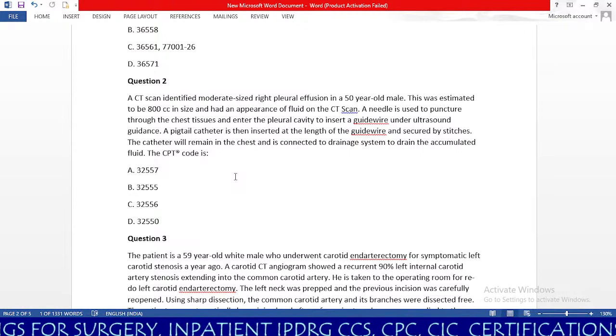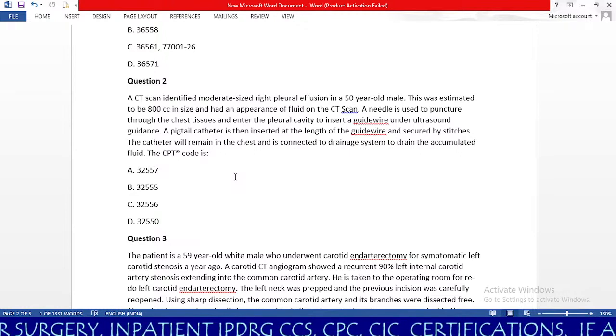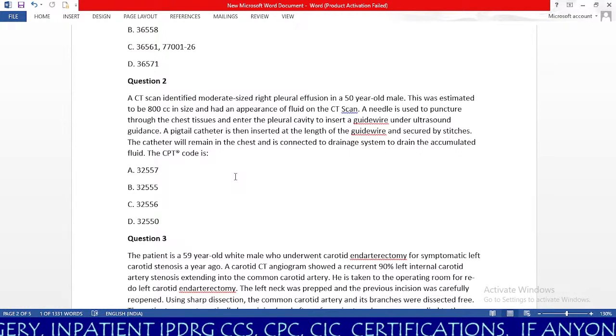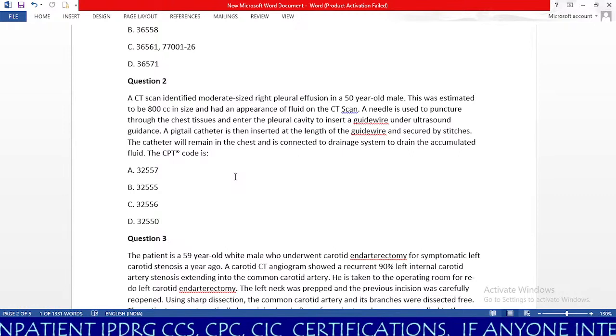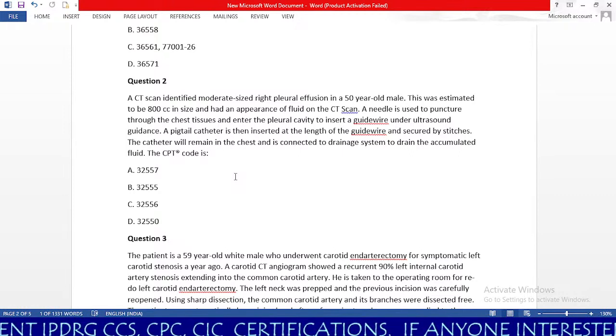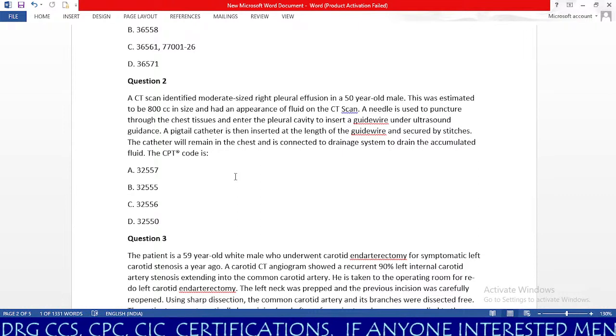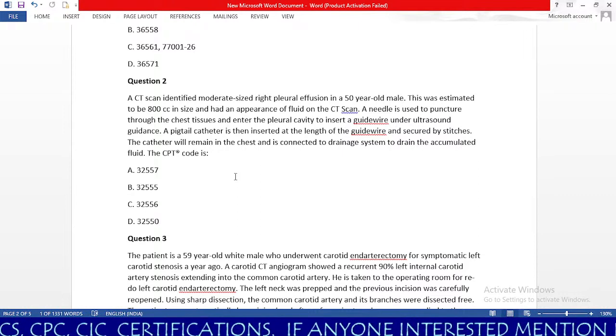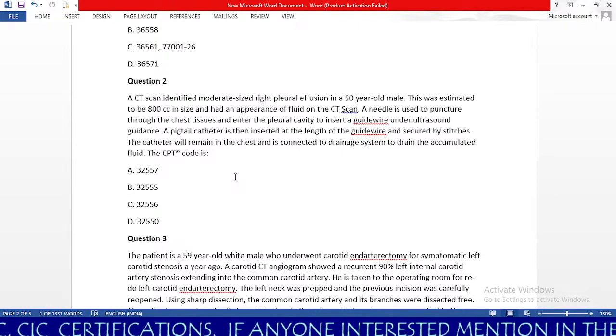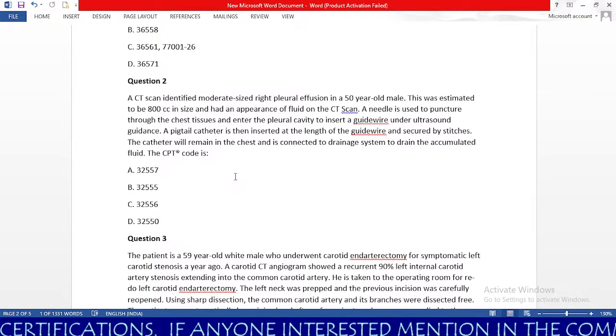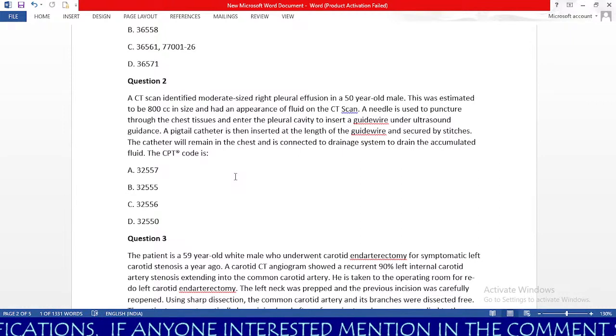So basically, thoracentesis and pleural drainage both are different, and our code description contains percutaneous needle. So whenever you see the documentation like the physician using the needle, you need to understand that it is a percutaneous procedure. So here our answer is A, 32557.